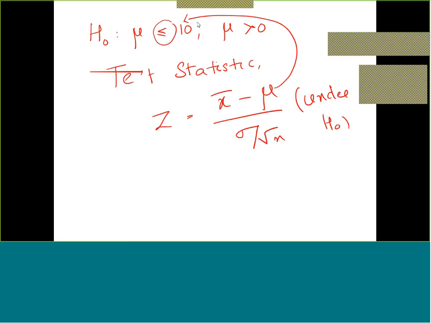But while calculating the probability of type 2 error, beta is nothing but the probability of accepting H naught given HA is true. But HA is true for any number greater than 10. So you cannot calculate beta like this. So to calculate beta, they have to mention a particular mu under HA.